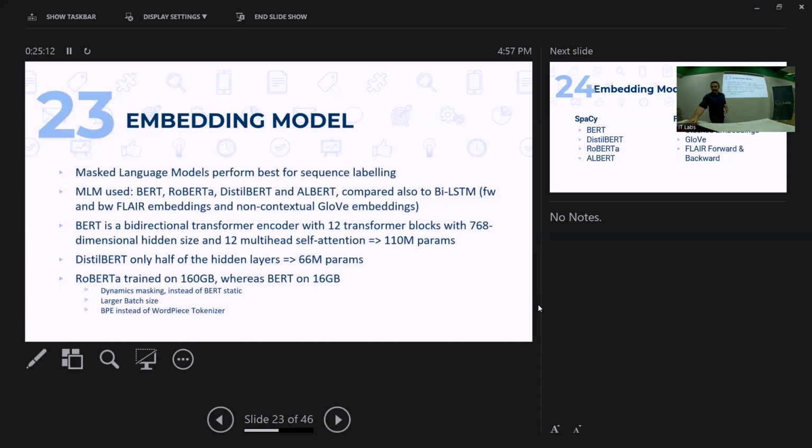So for the embedding model, now I'm going into details. We use masked language models because it is known that they perform best for sequence labeling, which is the NER task. So what is a masked language model? They have a big corpus of data and they mask certain words. That is, they remove the word, or they put a random word, or they put the actual word, and they learn the context.